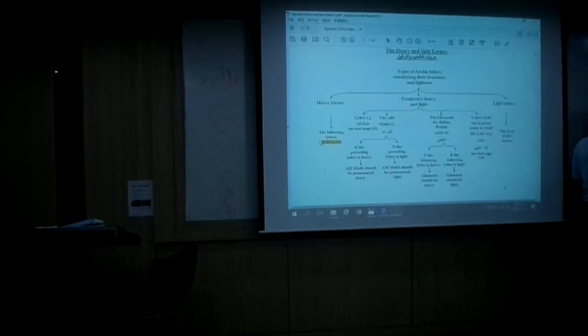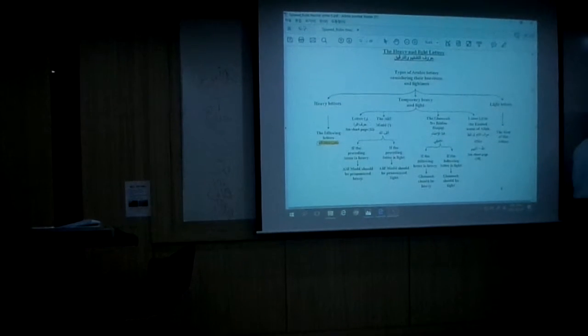So whenever we have the ghunna here, we look at the letter after the ghunna. This one is from the light letters, so the ghunna should be light: min.